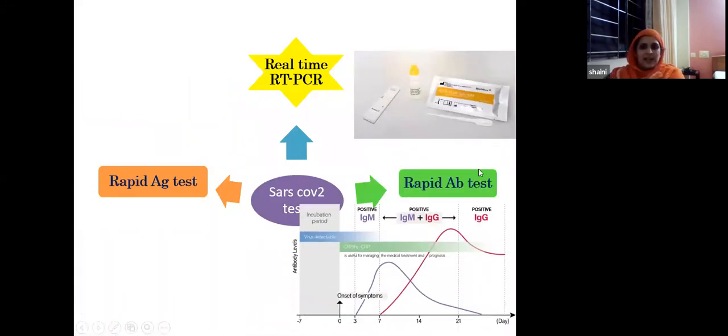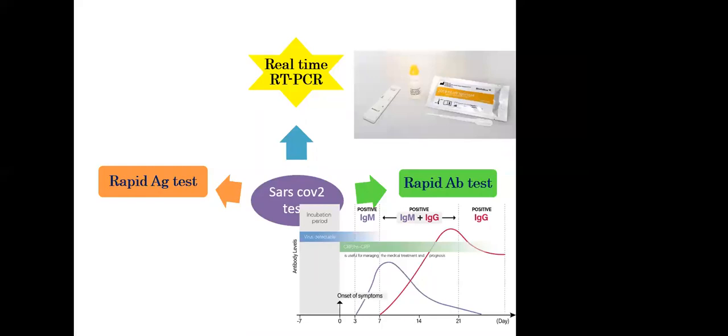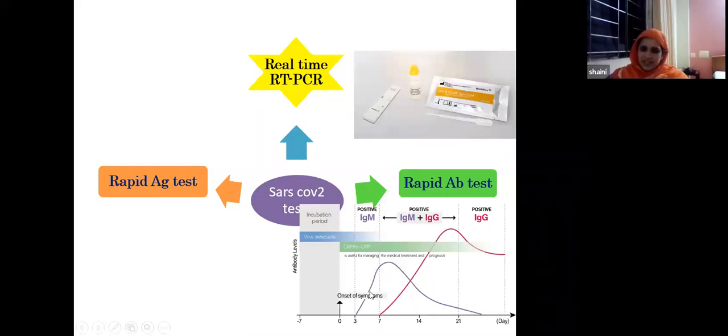Then there is an antibody test. Antibody test also, it is available in both the card form as well as in the regular ELISA format. Now, when you do an antibody test, you can get positivity for IgM. If it is positive for IgM, it means that the person has recent infection or an ongoing infection.